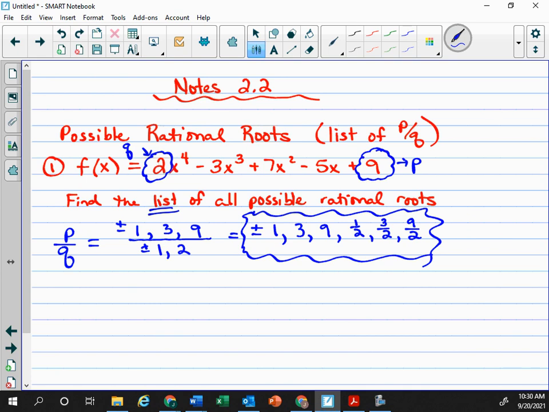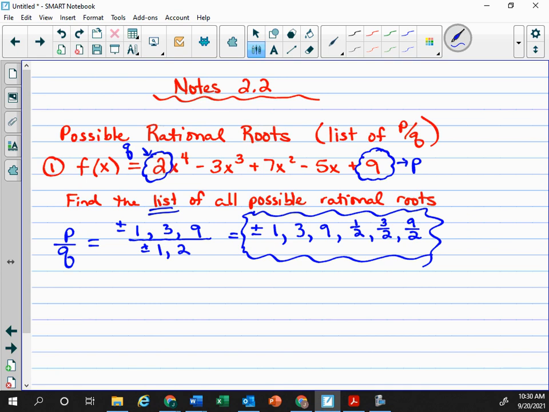That's what you would do with these, because if I don't give you a calculator and if I don't tell you what any of the solutions are, that's where you would need to begin. We're not going to do that right now, but the point of this is so that you can do synthetic division with them until you find something that works. Okay? You can see how that would be a much longer process than just making the list of these values.